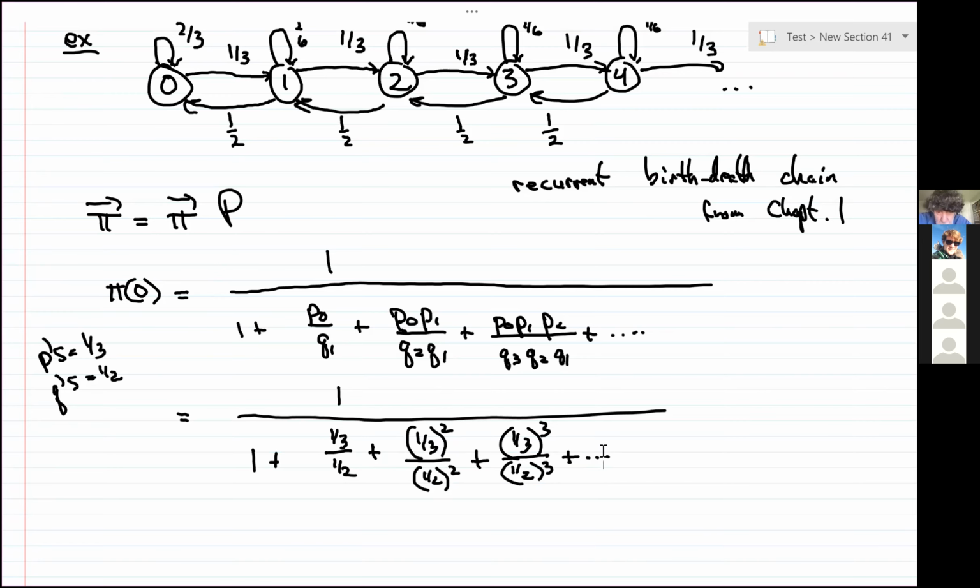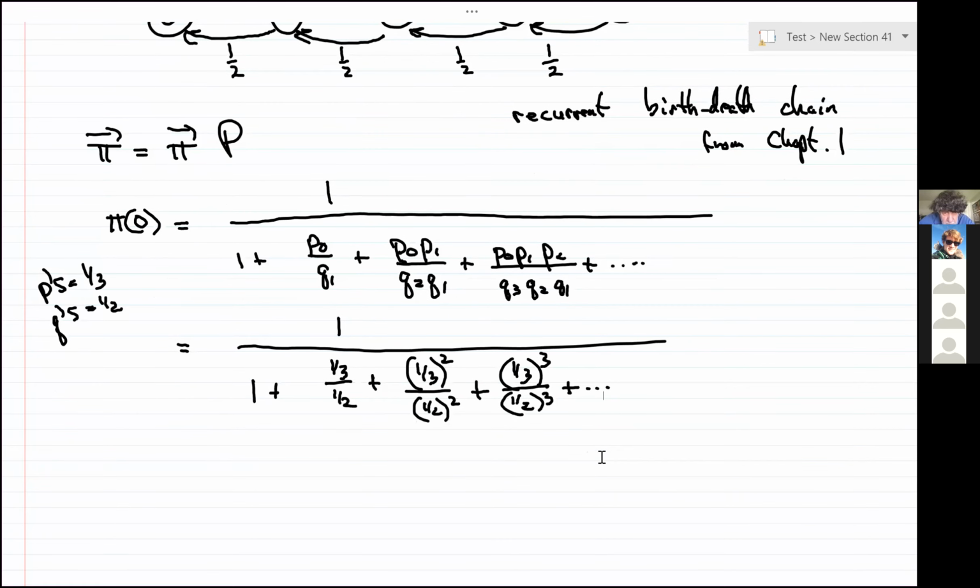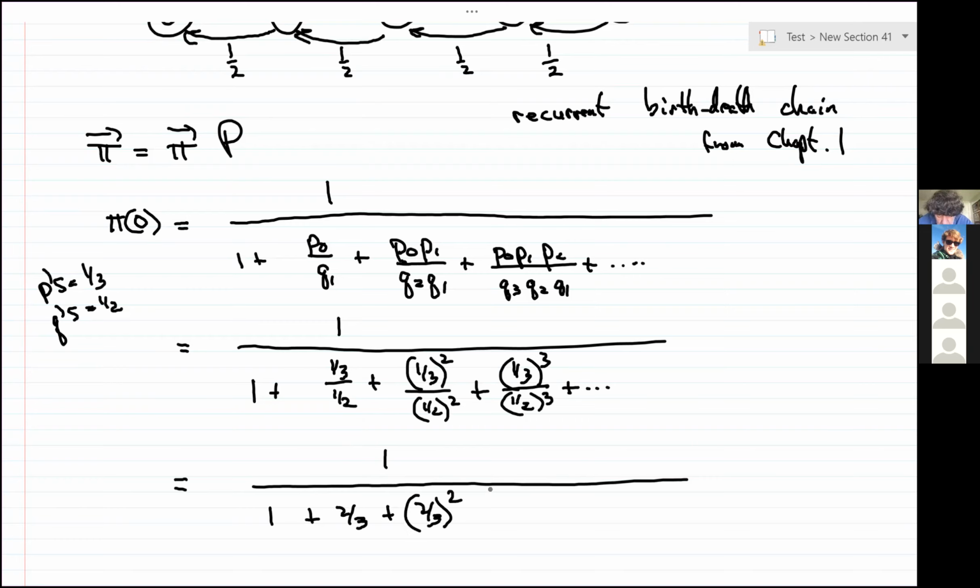Okay. So if we stare at this a little further, 1/3 divided by 1/2 is 2/3. And this would be 2/3 squared, right? And this would be 2/3 cubed.